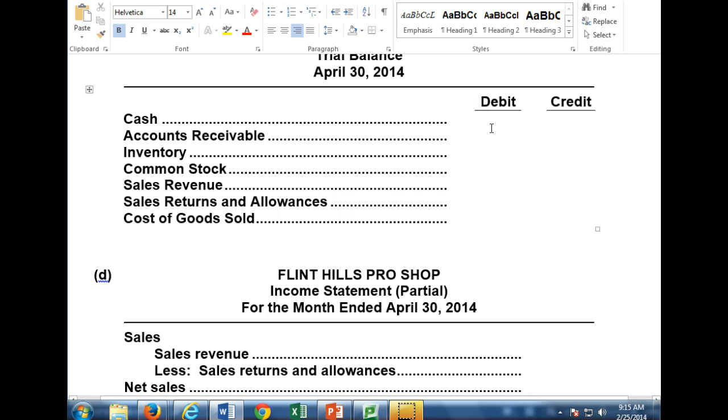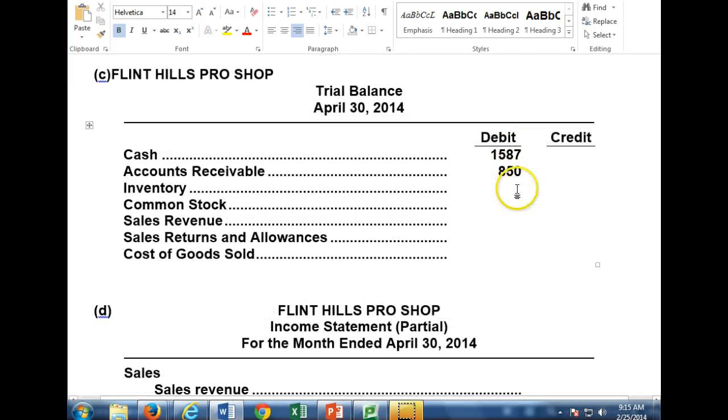So you guys help me out with this. What is our cash balance? 1587. What is our accounts receivable? 850. You guys should be doing it on your own. What is the inventory? The inventory is what? 4263.